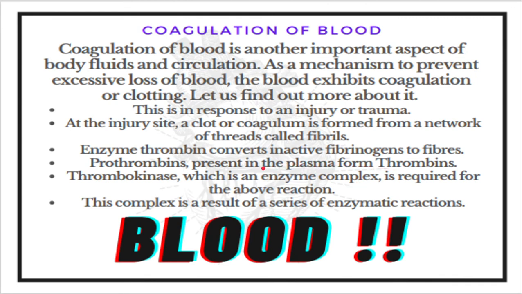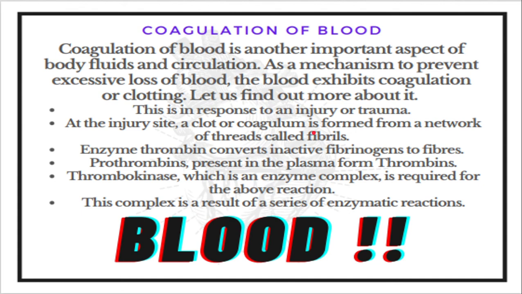And there is another enzyme complex known as thrombokinase that is also required for this reaction. This thrombokinase is also made through a series of enzymatic reactions. Now, let's recap: prothrombin prepares thrombin, then the enzyme thrombin converts the inactive fibrinogens to fibers, and these fibers get into the injury site.